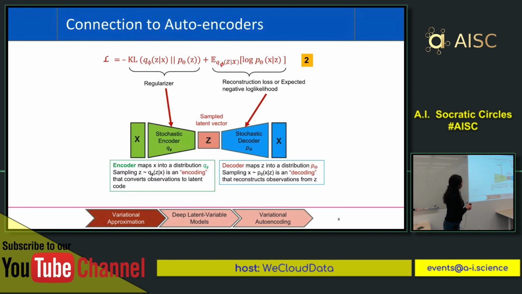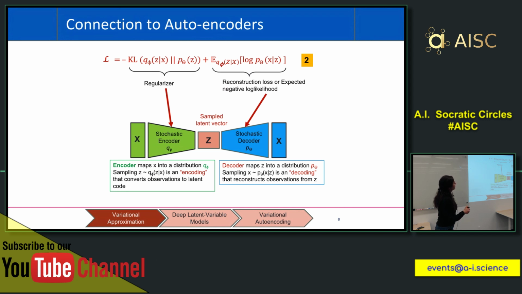Okay, so now the connection to autoencoders. This is the loss function, the variational lower bound. We have this KL divergence plus this expectation.